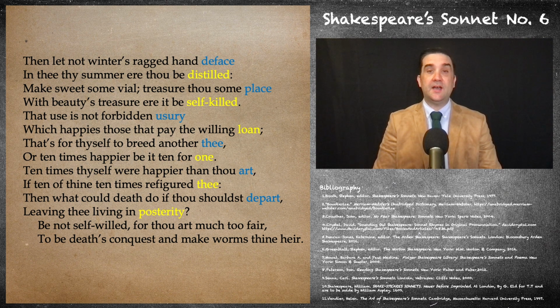As you can see, I've highlighted the rhyme scheme of sonnet number 6 for you here, in alternating colors of blue and yellow. The blue represents the first rhyme, the yellow represents the second rhyme, and you can see that this is repeated through all three quatrains. This, of course, is the AB, AB, CD, CD, EF, EF rhyme scheme of the Shakespearean sonnet.